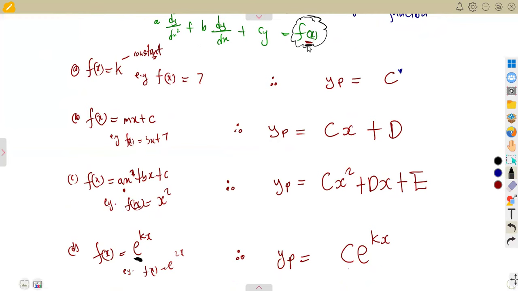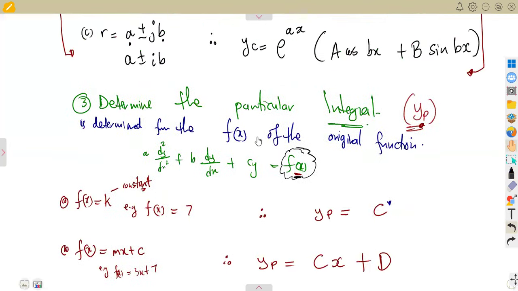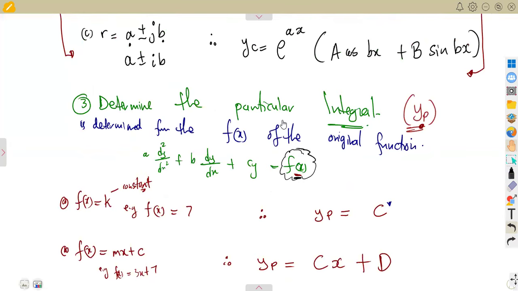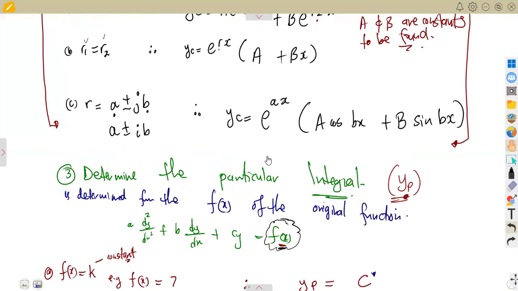So if we have anything in this f of x which is e to the exponent of something, and it is exactly the same as what we had from these auxiliary equations, meaning from this complementary part that we have.